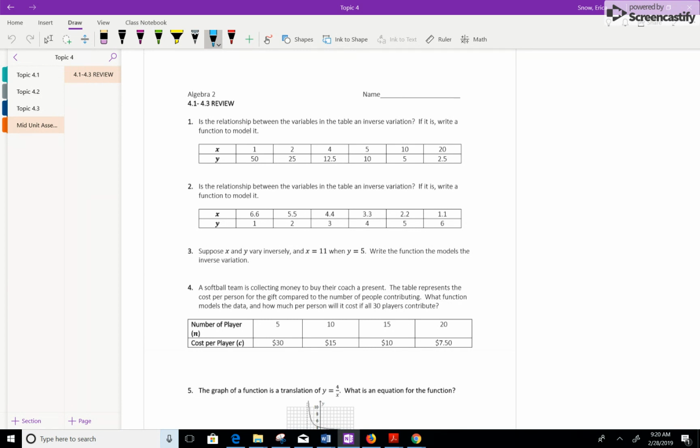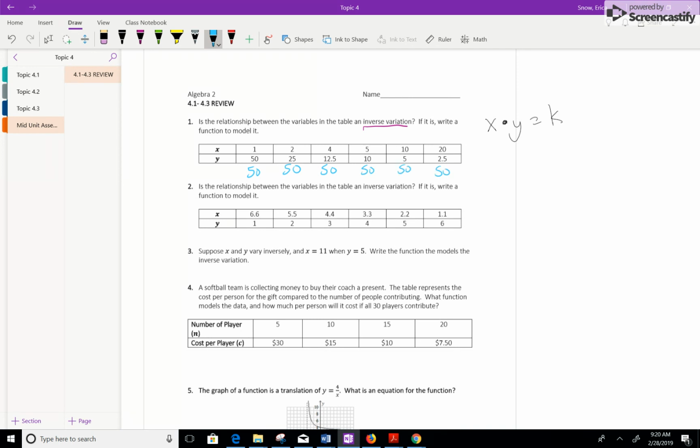All right, so question 1 says, is the relationship between the variables in the table inverse variation? Well, recall that to determine inverse variation, we just need to make sure that x times y equals the same constant. So 1 times 50, 50. 2 times 25, 50. 4 times 12.5, 50. 5 times 10, 50.